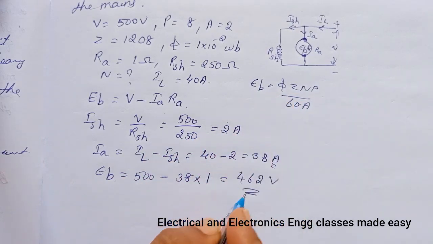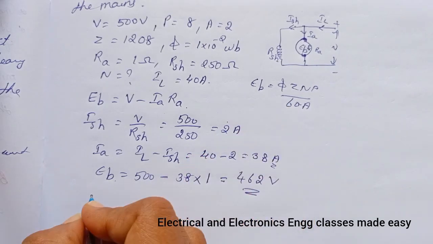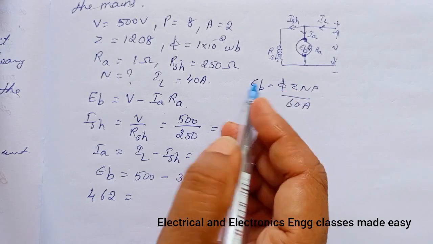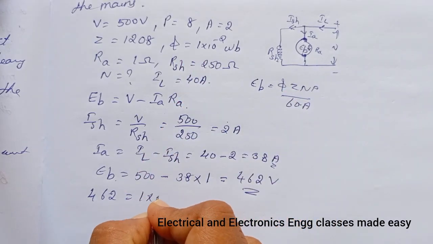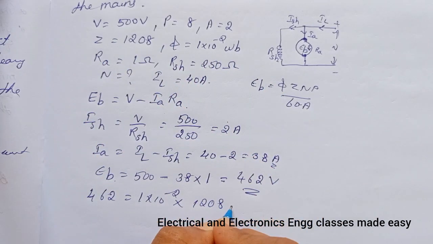So EB is 462. In this equation, 462 is equal to phi is 1 into 10 raised to minus 2 into Z 1208 into N into P is 8 divided by 60 into 2.